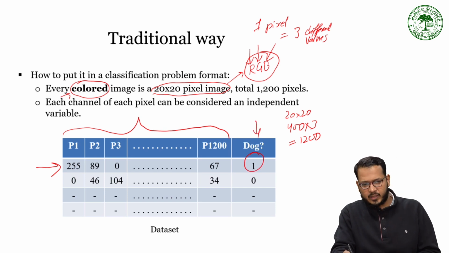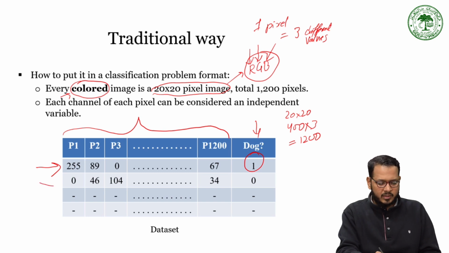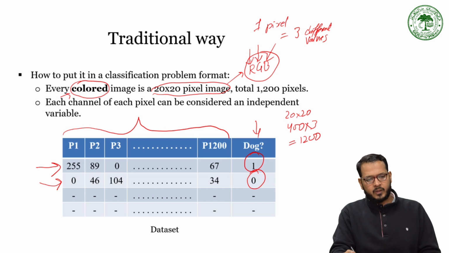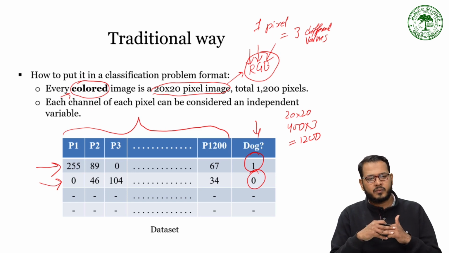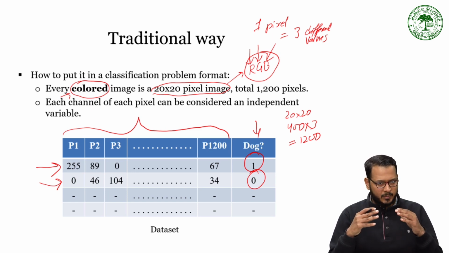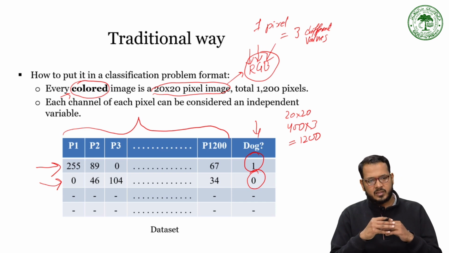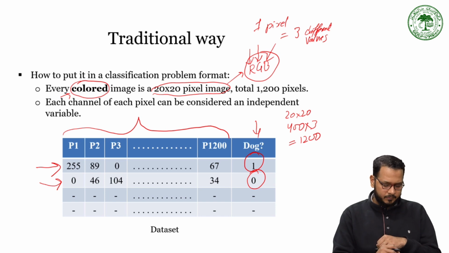In this specific case, the class is dog. For certain image, the class can also be 0. Once again, this is the way we convert an image data set into the standard structured format where the traditional machine learning algorithms can be applied.